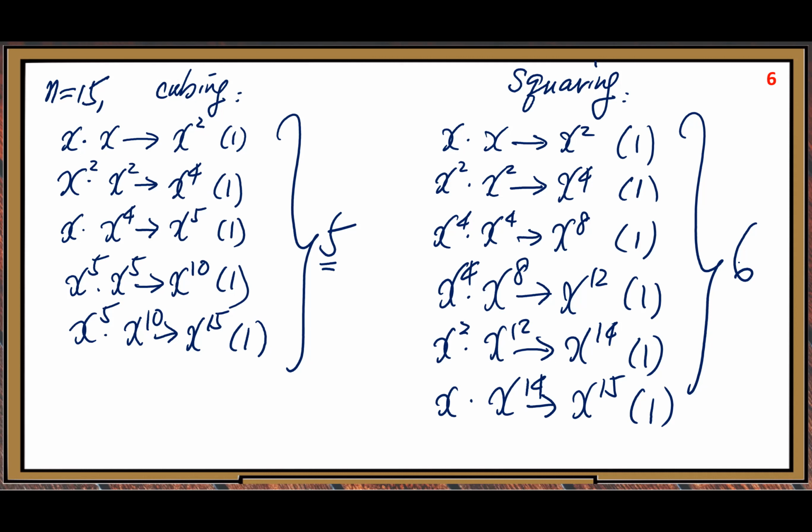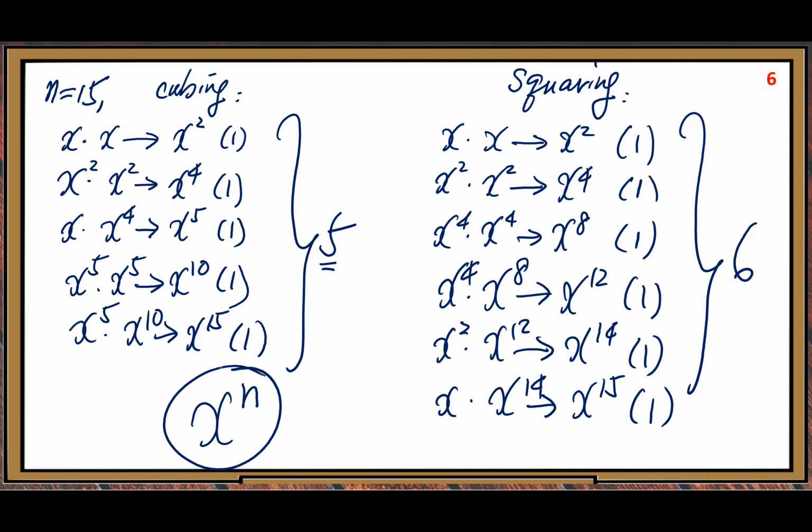So the goal is very simple. We want to find x to the nth, this value. What is the fastest way to find it? You can choose repeated squaring. You can also choose repeated cubing, and you can mix them. For some terms, use repeated cubing; for some terms, repeated squaring. You use both.